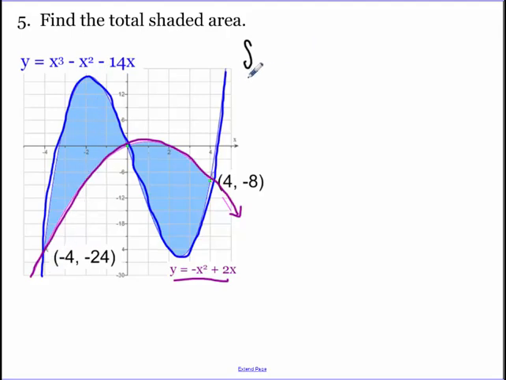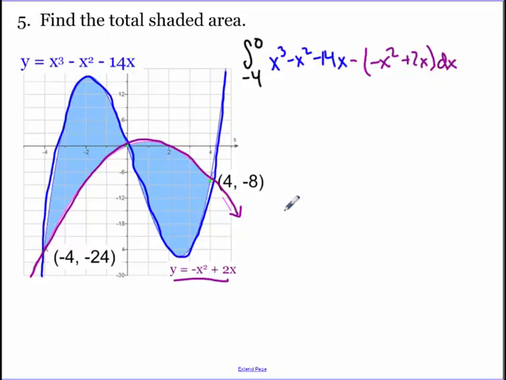So we're going from -4 to 0. The function that's above on that interval is x cubed minus x squared minus 14x. I'm going to subtract from that the function on the bottom, which is negative x squared plus 2x. Then we're taking our integral with respect to x.